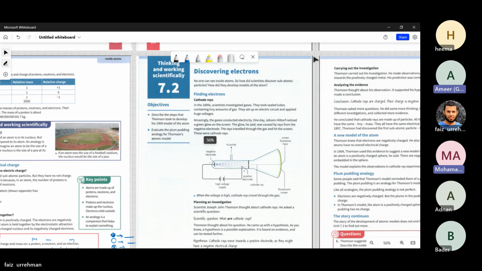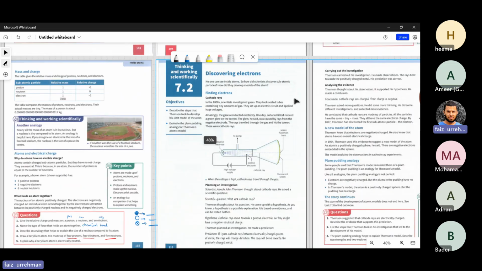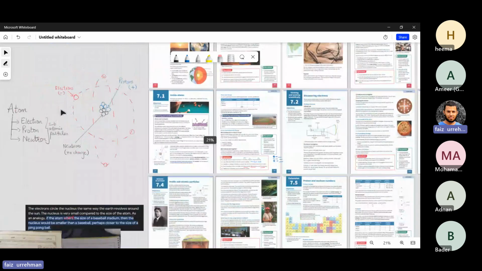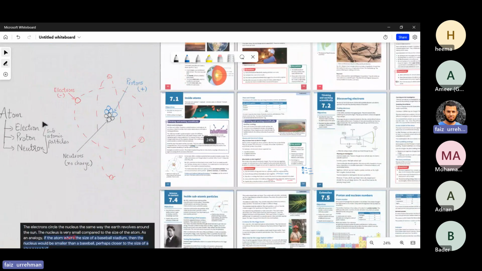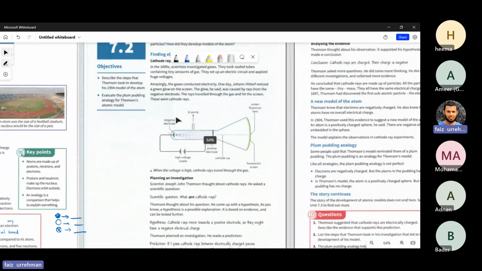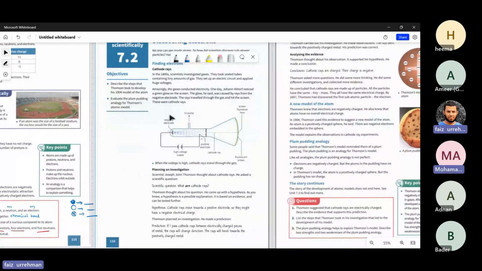Now, discovering electrons. How did human beings find out that there are electrons revolving around the nucleus? They did several experiments. Now, this experiment is very, very famous. This is known as the cathode ray experiment.